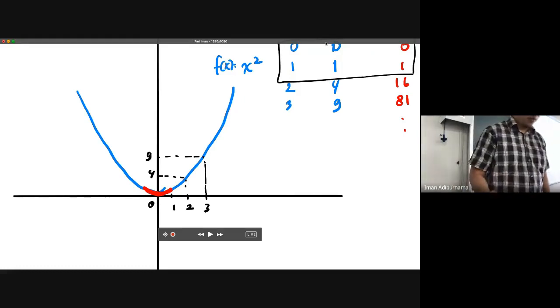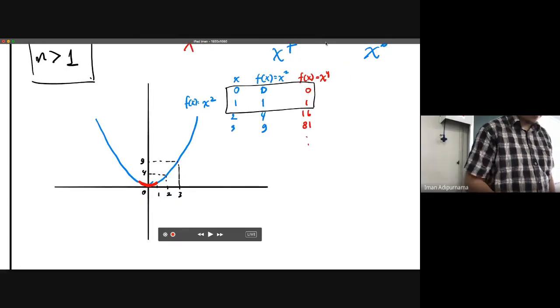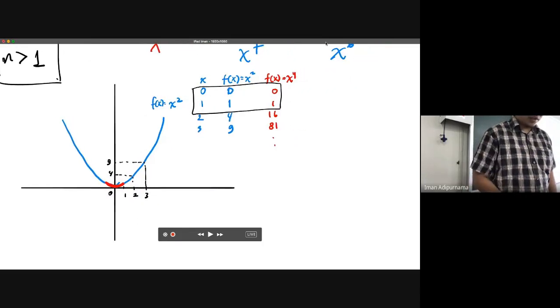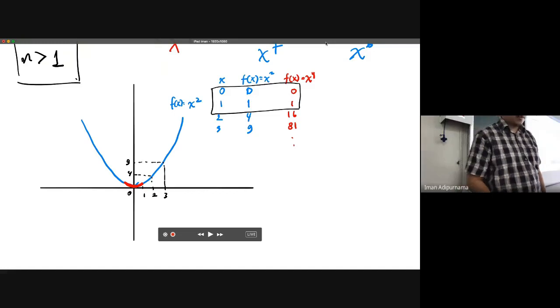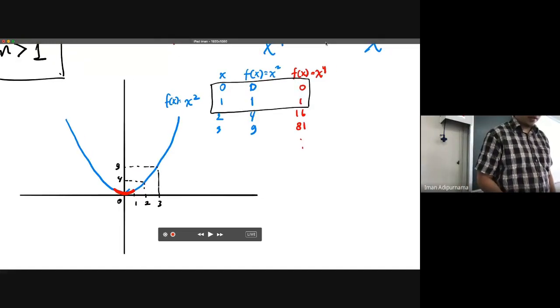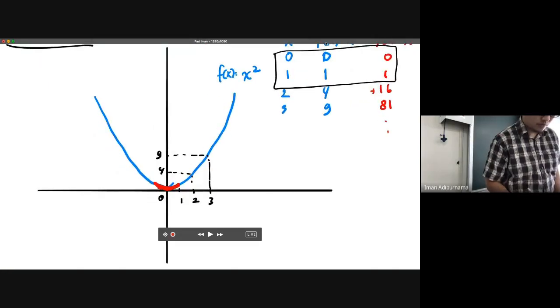But when we are touching 2 and 3, what will happen? I think it's more. Maybe 16 is here.